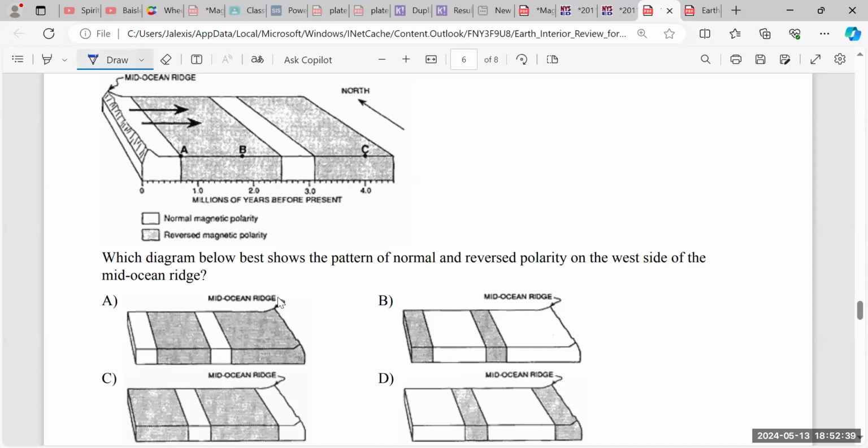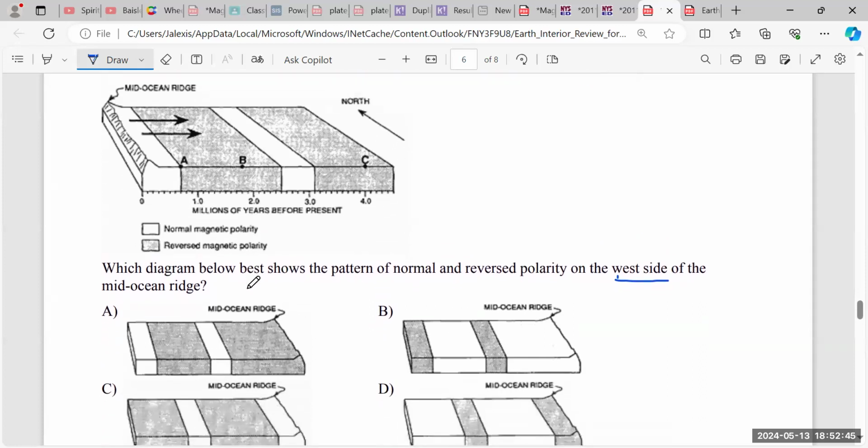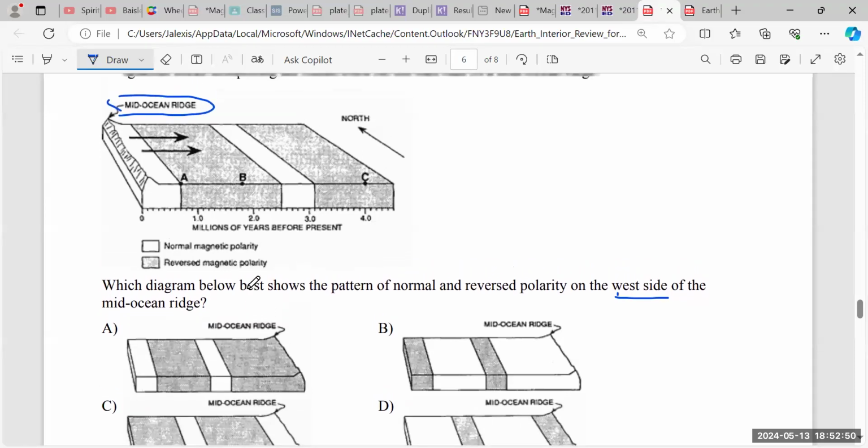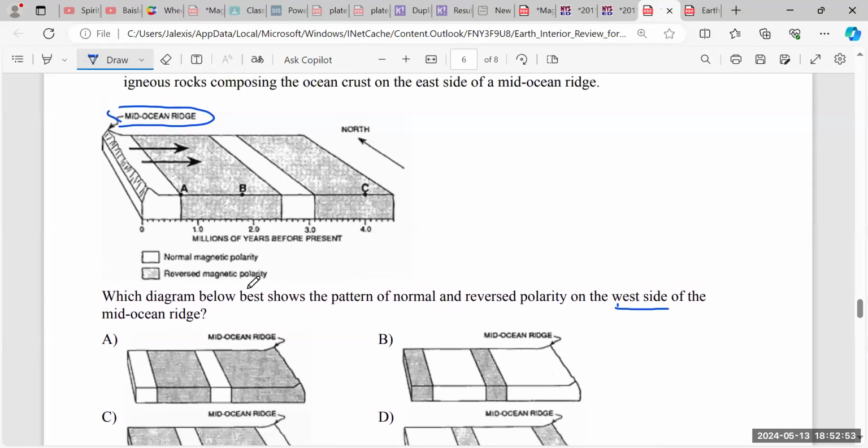All right, on the west side of the mid-ocean ridge. When I take a look, the mid-ocean ridge is right here. And one thing we learned is that the magnetic polarity pattern to the west of the mid-ocean ridge has to be exactly the same as to the east. So if I started off with normal, white, reversed, long gray, normal, short white, and reverse long gray again, then when I'm starting from the middle to the left side, I need to see that same pattern.